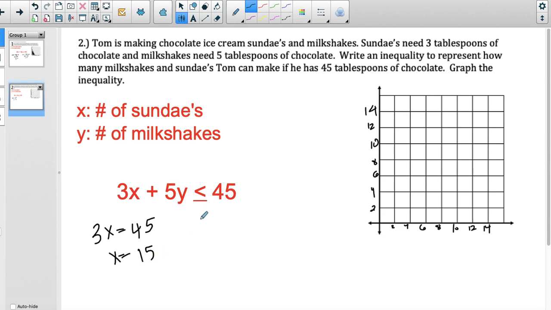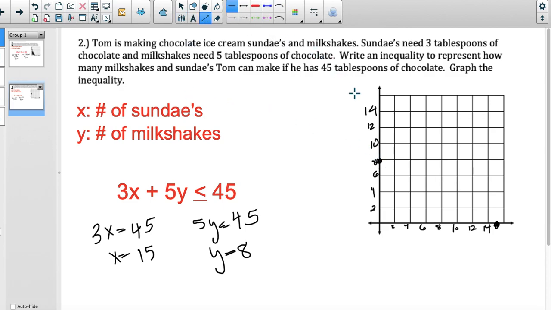Or I could have 0 sundaes, plugging in 0 for x, solve for y, divide both sides by 5. I could have 8 milkshakes if I had 0 sundaes. So graphing that, the x-axis all the way over to 15 for my intercept, and for my y-intercept up at 8.